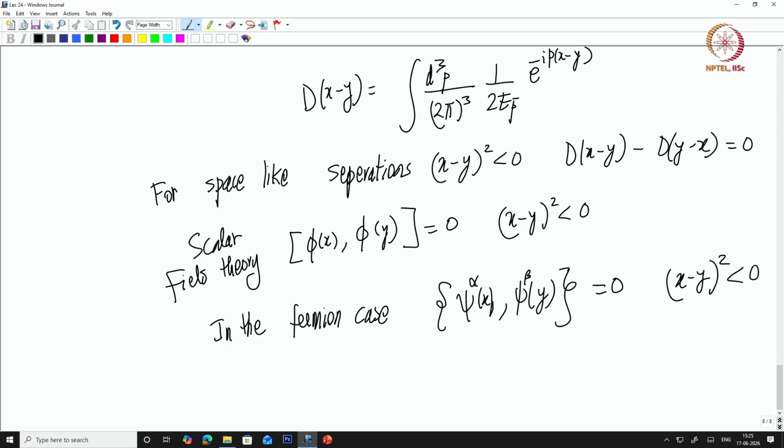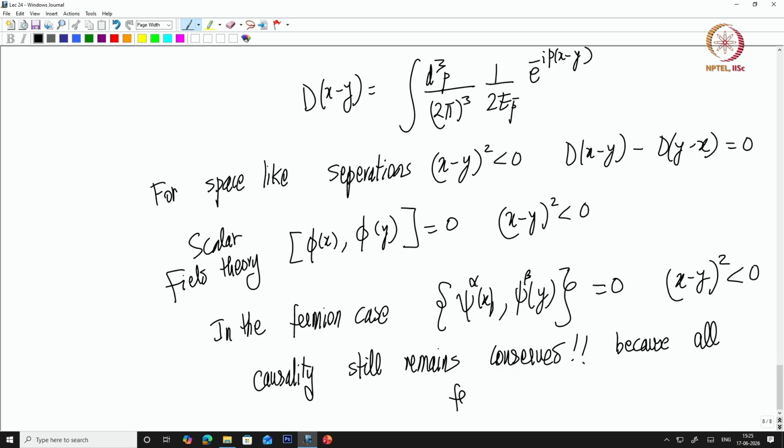So causality still remains conserved, because all fermionic bilinears commute outside the light cone.